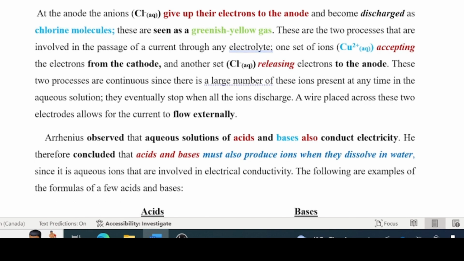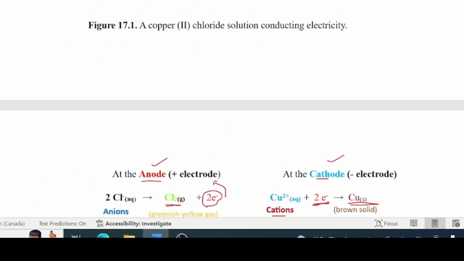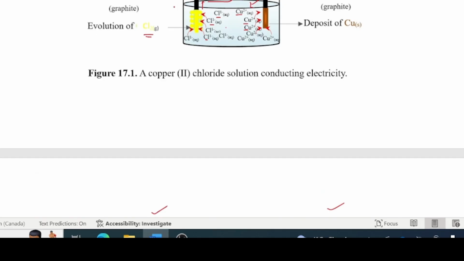Arrhenius observed that if he used aqueous solutions of acids and bases, they also conduct electricity. So Arrhenius is now saying that since it is the ions inside these electrolytes that are responsible for conduction of electricity, he concluded that for acids and bases to conduct electricity, they must have produced ions when they dissolve in water.